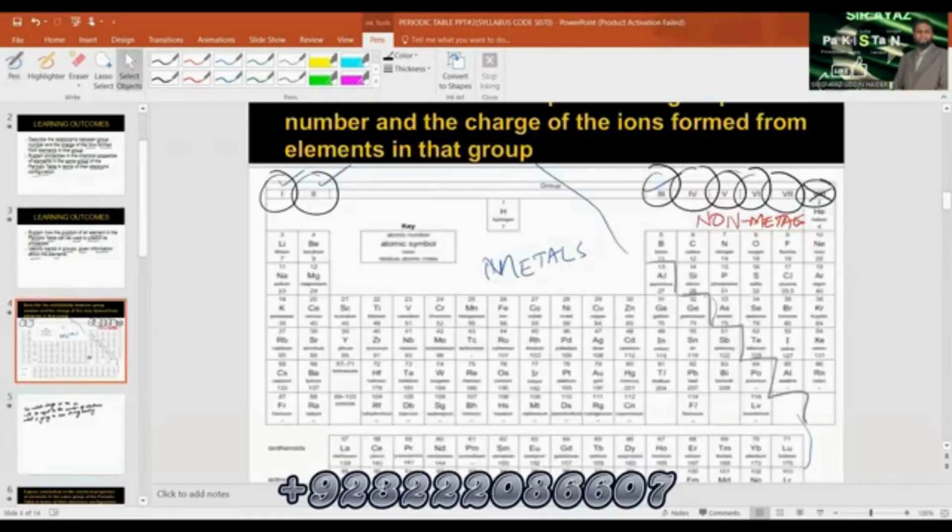We know the group number for metals. This indicates the number of valence electrons.